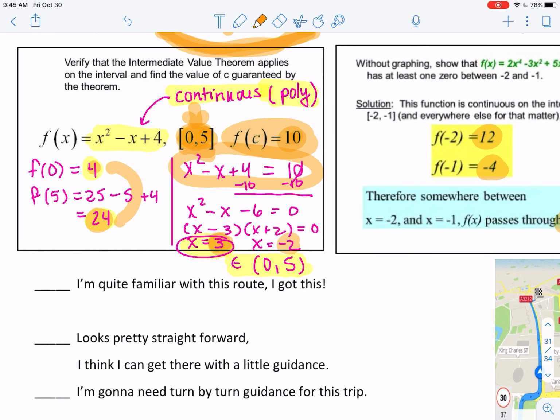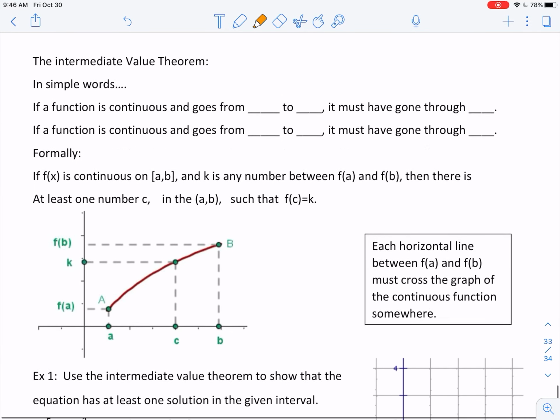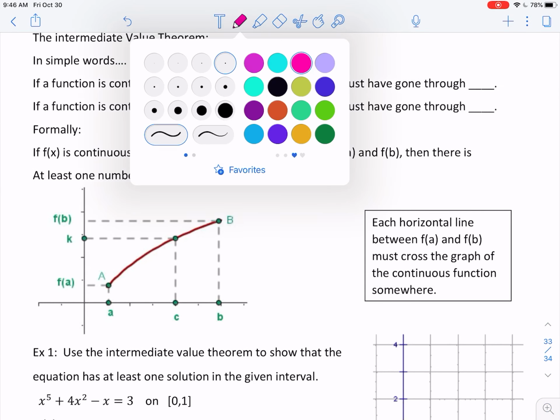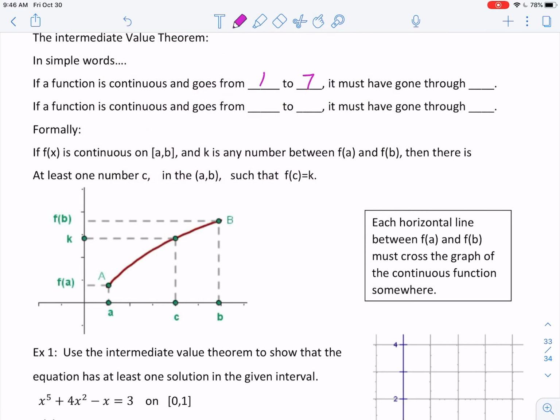Like 10 is between 4 and 24, so it must have been 10 somewhere in between there. All right, so in simple words, if a function value goes from, say, 1 to 7, somewhere in between there, it must have gone through 6, right? Say if it goes from -2 to 5, somewhere in between there, it must have gone through 0.